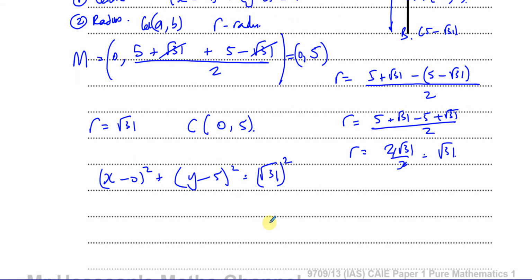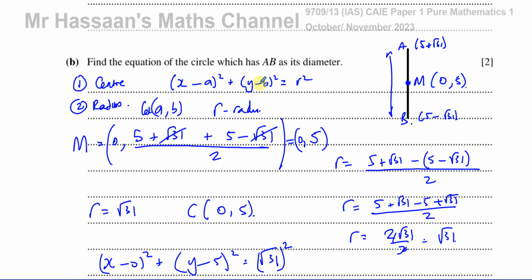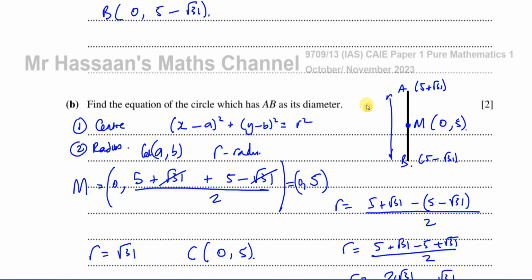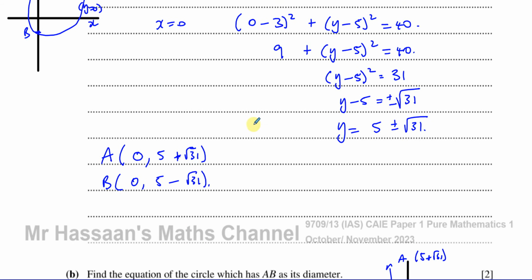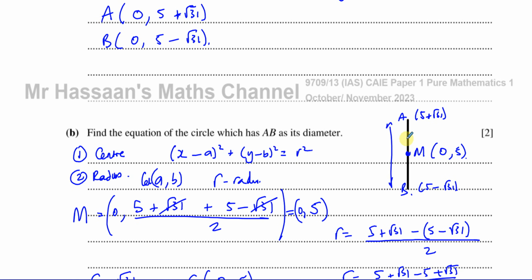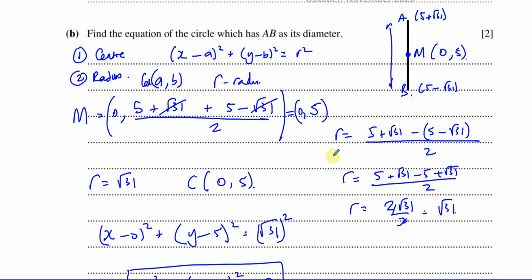If we simplify that, you end up with x squared plus (y minus 5) squared equals 31. And there we have the equation of the circle which has AB, the 2 points which the first circle passed through on the y-axis, as its diameter. So there's the answer for part B of this question.